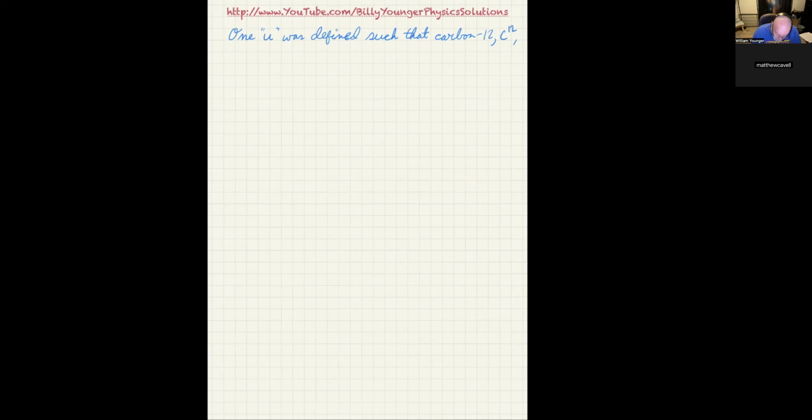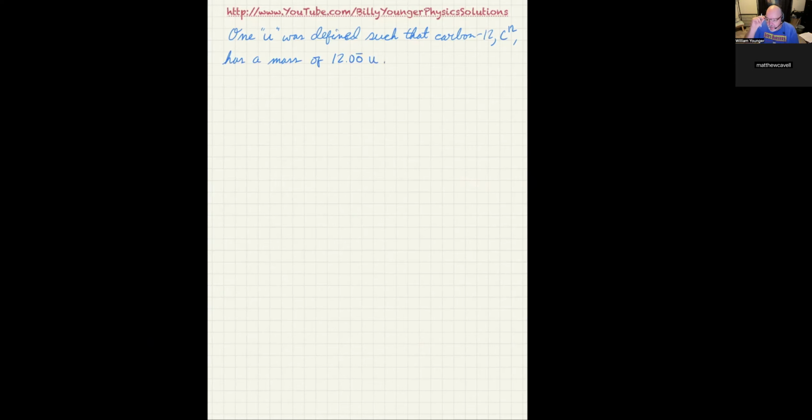So 1 U was defined such that carbon 12 has a mass of 12.00, infinite number of decimal places, U. Okay, so that's kind of a big deal.